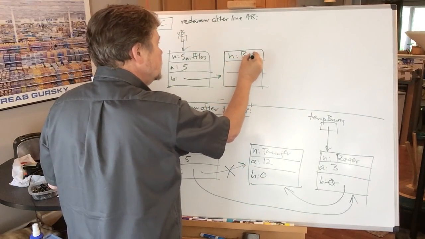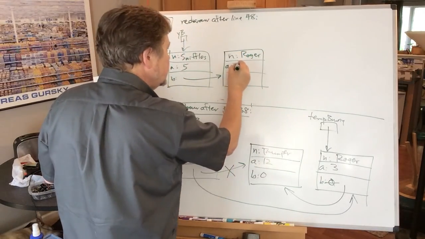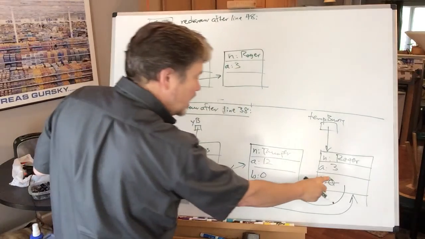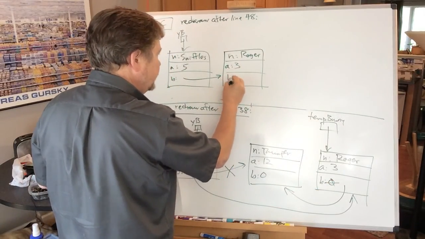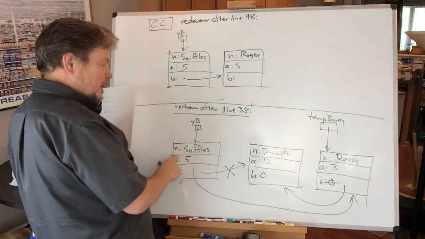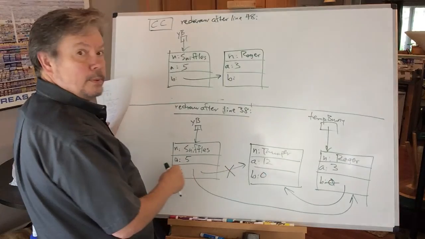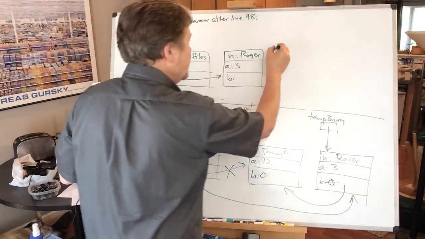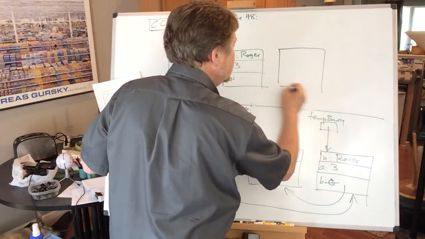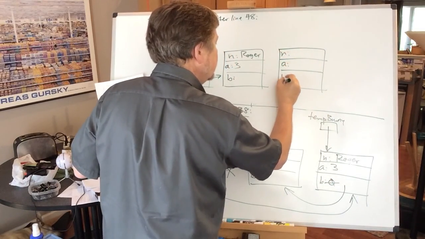Name, Roger. Roger's age is 3. And look at this. Roger's BFF is Thumper. So the list, if we're going from left to right, actually goes like this. Sniffles over to Roger, then back to Thumper. So I'm straightening that out up here so it's easier to keep up with who points at who. Name, age, BFF.